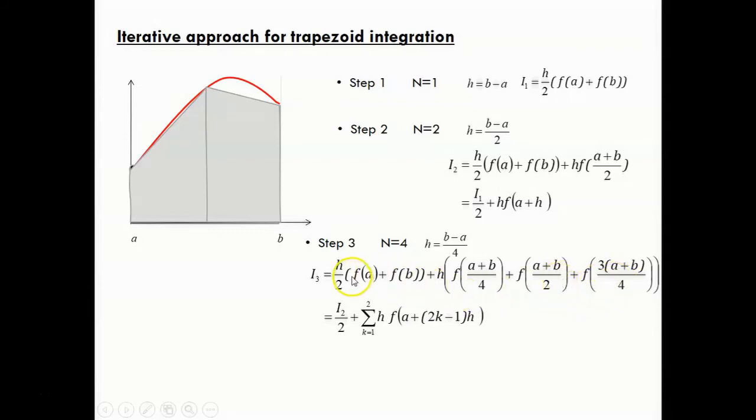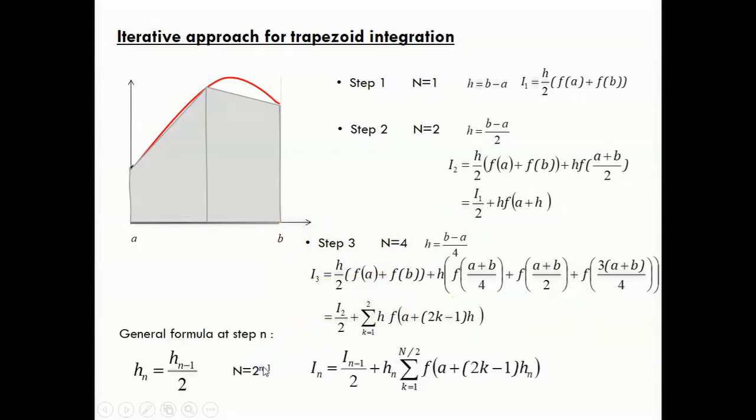So this is the previous integral over 2, because h is equal here to the previous h over 2. So this is I2 over 2 plus the sum from k equals 1 to 2 of h f of a plus (2k minus 1)h.